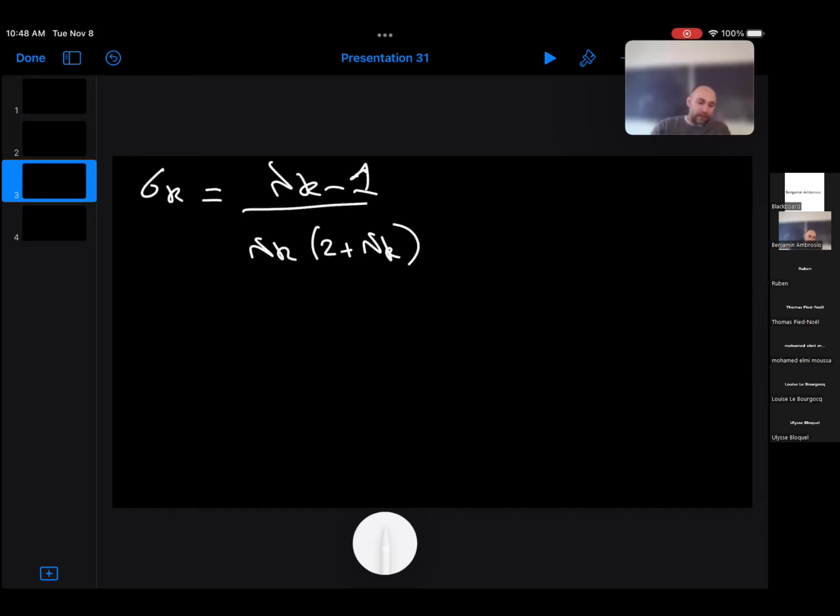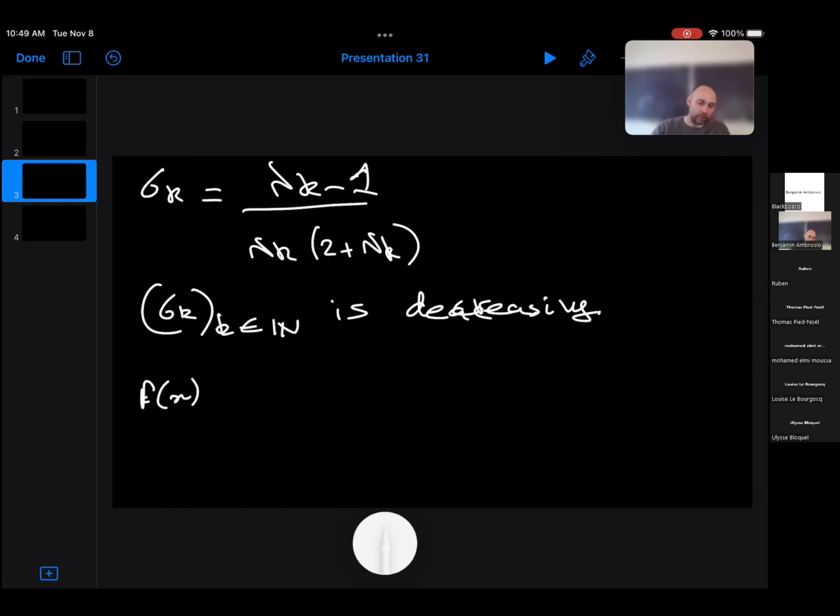The next thing is I asked you last time to check that the sequence sigma k is decreasing. In order to do that, you just have to study the variations of the function x minus 1 divided by x times 2 plus x. For example, you can take the derivative.